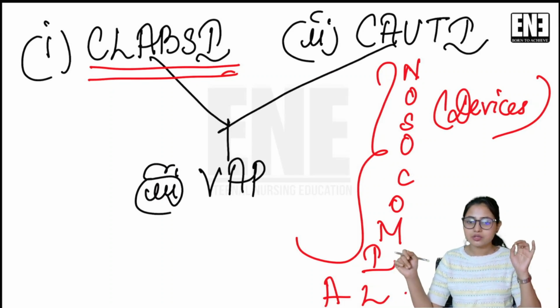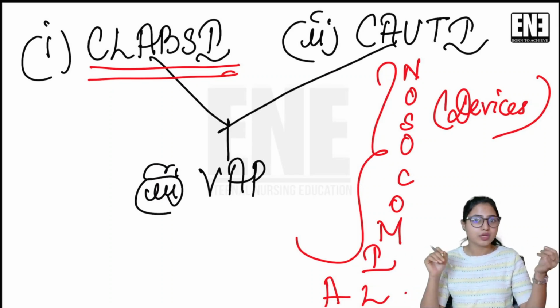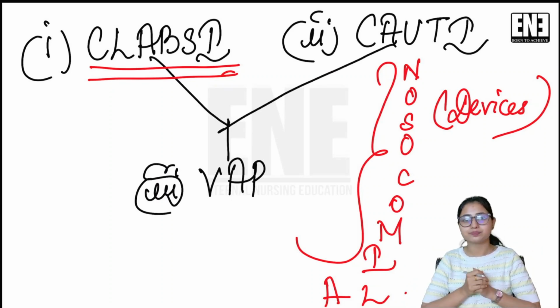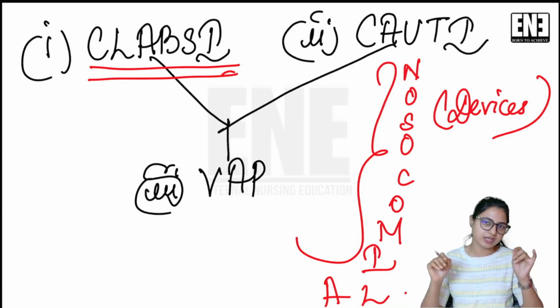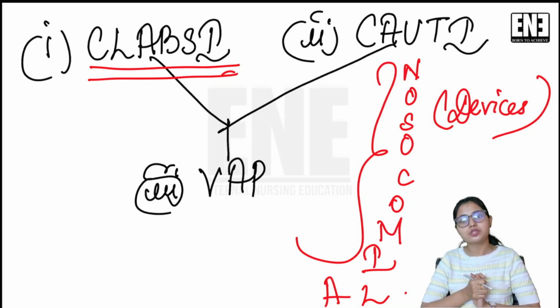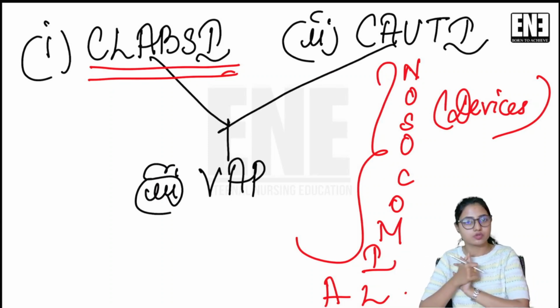Or the nurse, while administering medications through all those tubings, has not properly cleaned that tube or flushed it properly, due to which the person is undergoing infection right now. That is also categorized as your nosocomial infection.